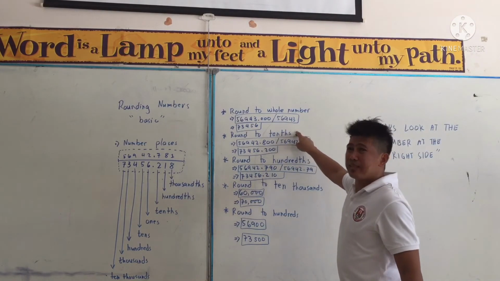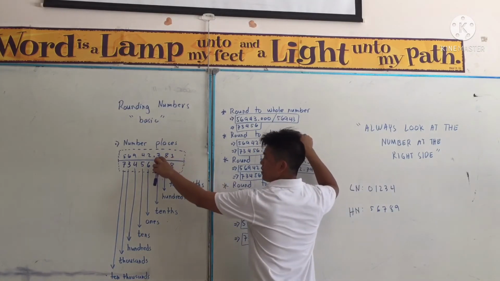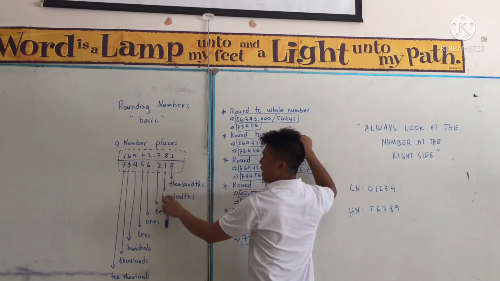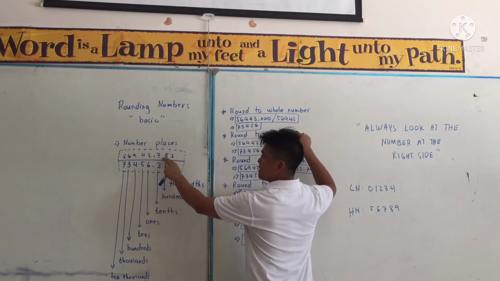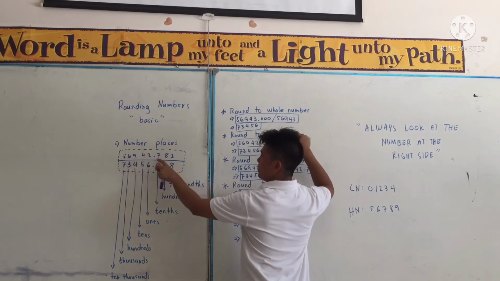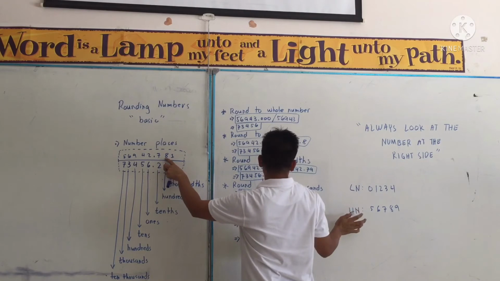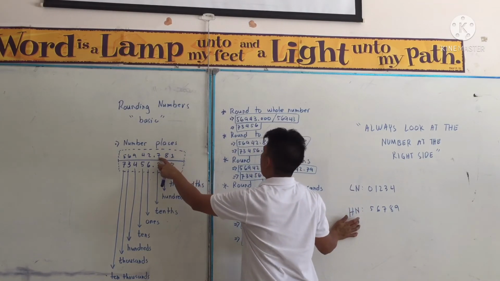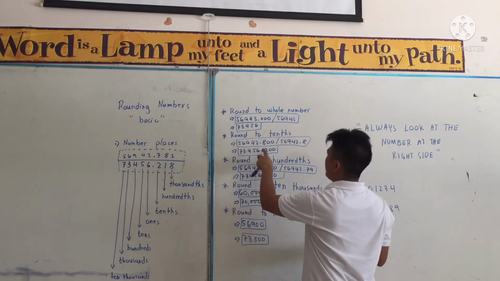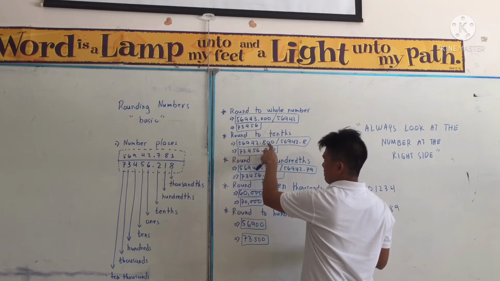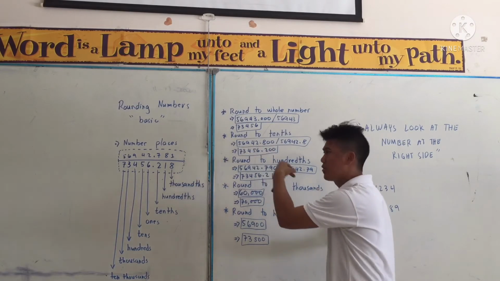Round to the nearest tenths. What is the right side of tenths? The tenths here are 7 and 2. The right side is 8 and 1, the hundredths place. So you have to look at this number. For the first example, that's 8, which belongs to a higher number, so you add 1 to 7, making it 0.8, and make the rest of the numbers 0.